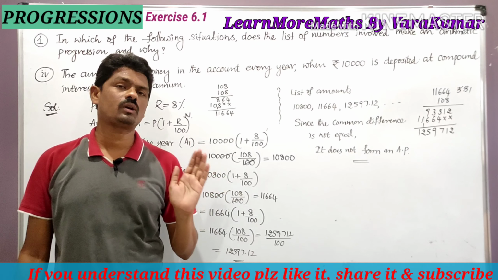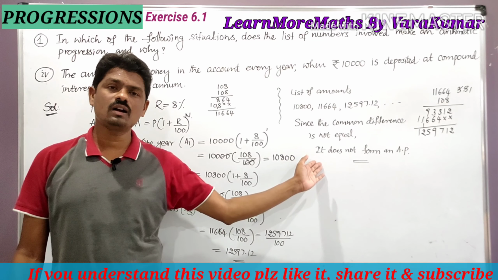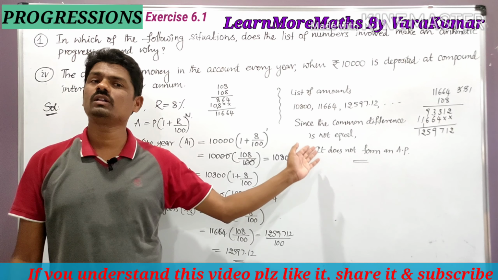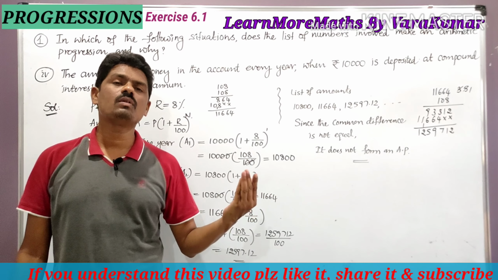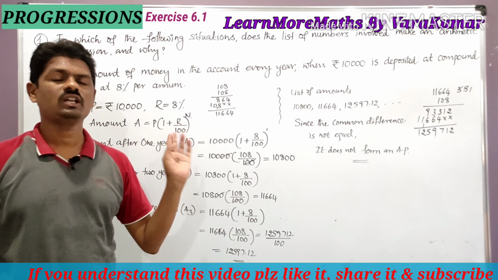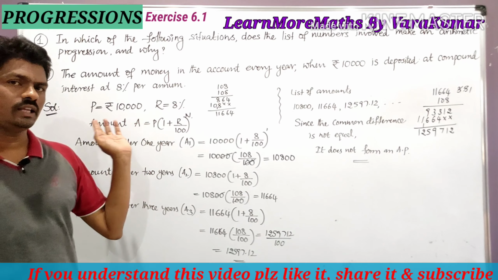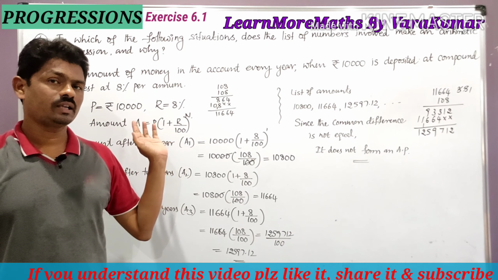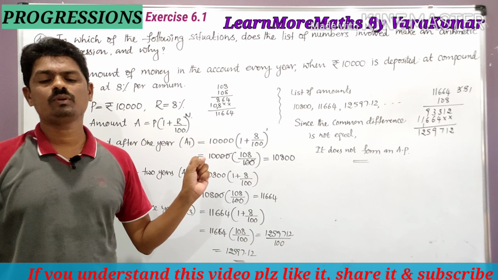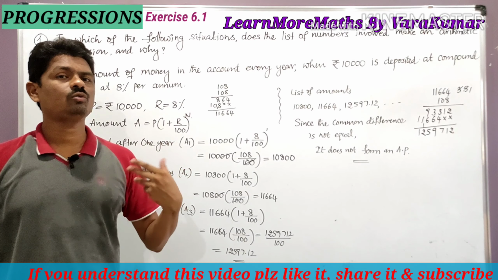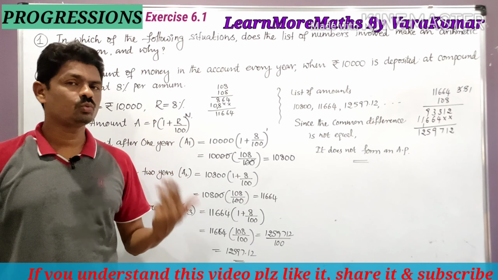He asks 4-mark problems, giving the situation and asking whether the list of numbers forms an arithmetic progression or not, or the sum of the first n numbers in the arithmetic progression. So this is very important, student. Like this you have to solve by writing the list of numbers involved in the situation. Very important, student. By watching the video you have to practice at least 3-4 times. So this is the first problem, student. Next we have to do the second.